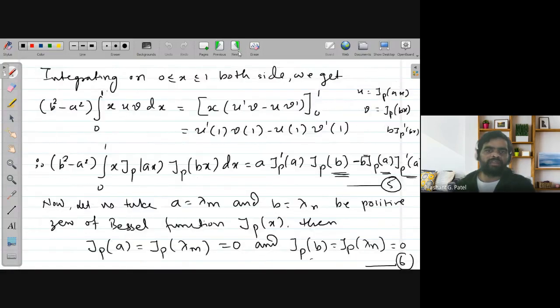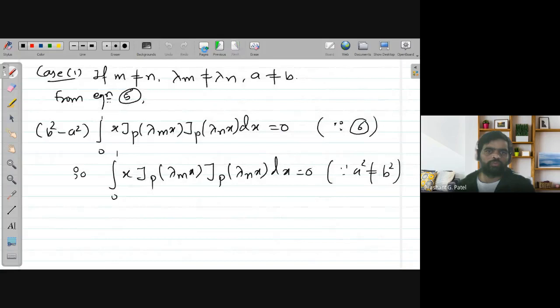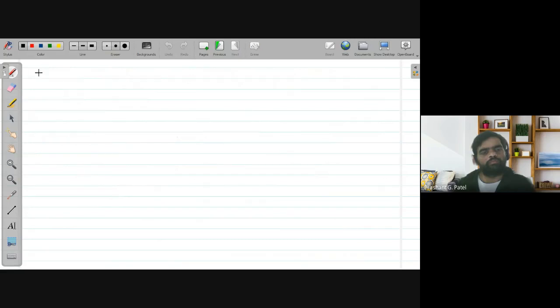So for that, let us take case number 2. If m is equal to n, that means lambda m is equal to lambda n. That means a is equal to b.